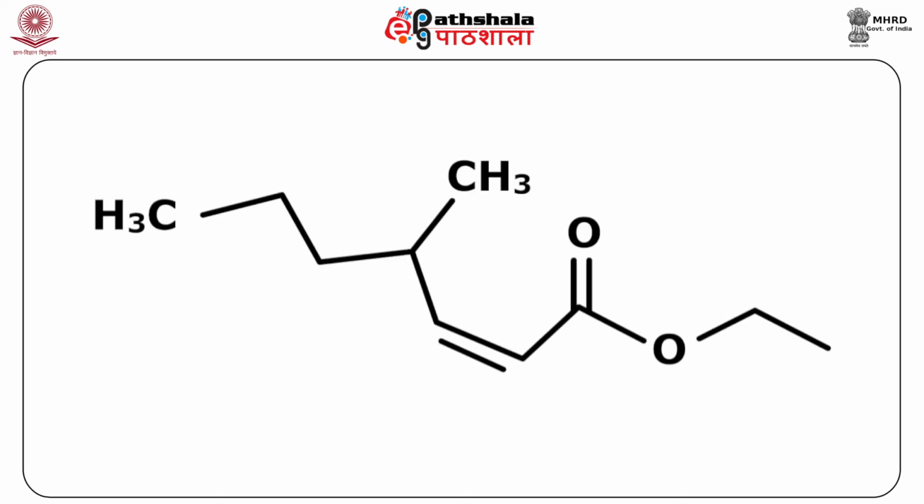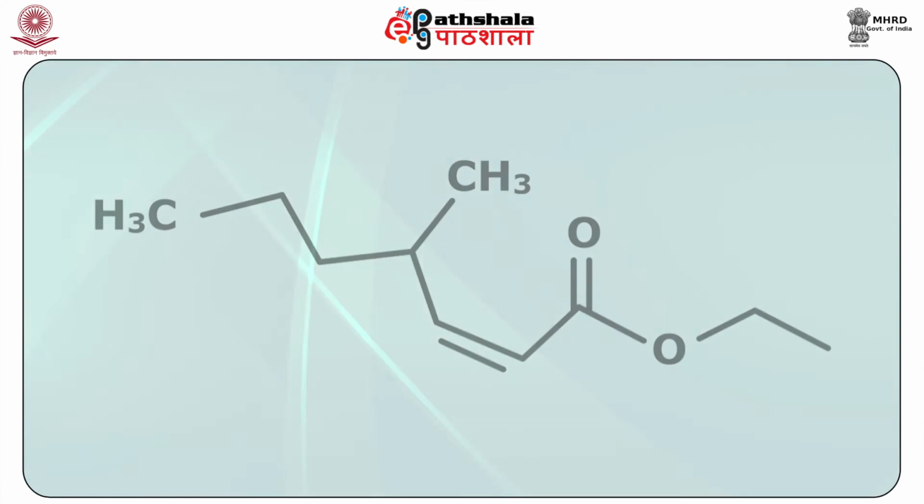The structure of the compound is therefore concluded to be CH3, CH2, CH2, CH2 with a methyl as a substituent, and then the olefinic group attached to a carbonyl group and an oxygen with the ester group.